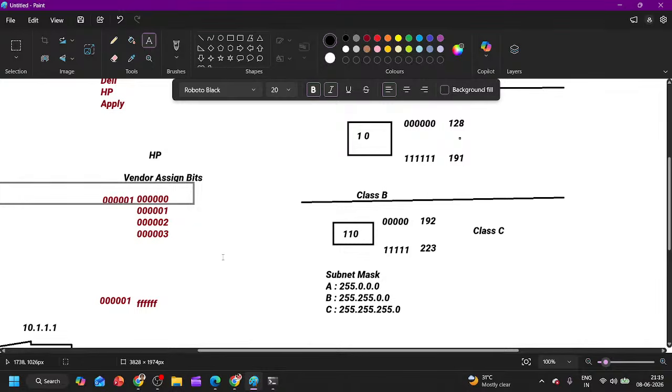In class A, the first octet is the network bits, and the last three octets are the host bits.